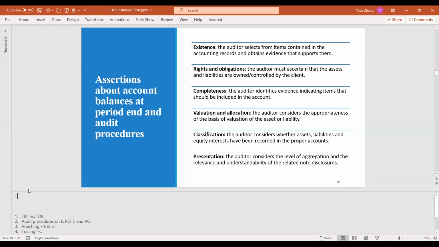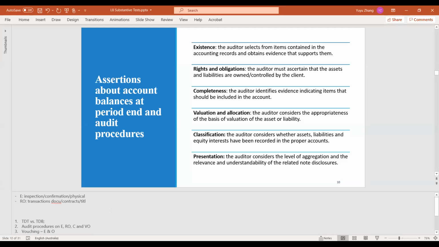So I try to type in here, yes. For existence, you can do inspection, right? You can do confirmation. You can do physical inspection. For the second one, rights and obligations, the transaction documents, you can review the contracts.